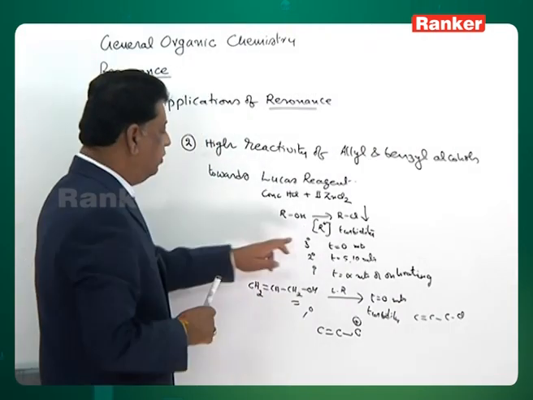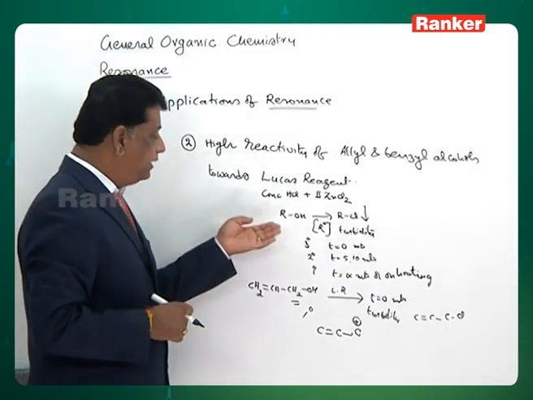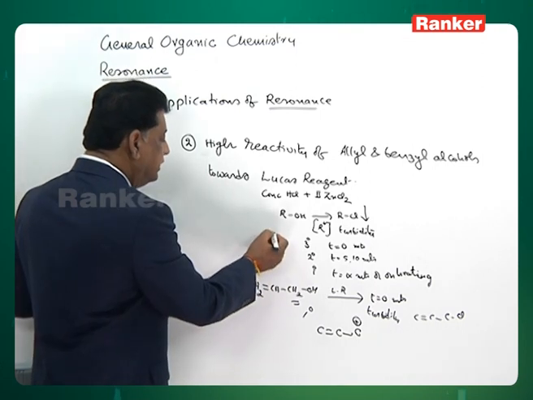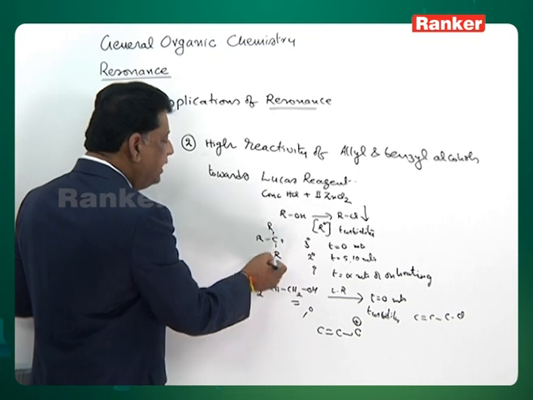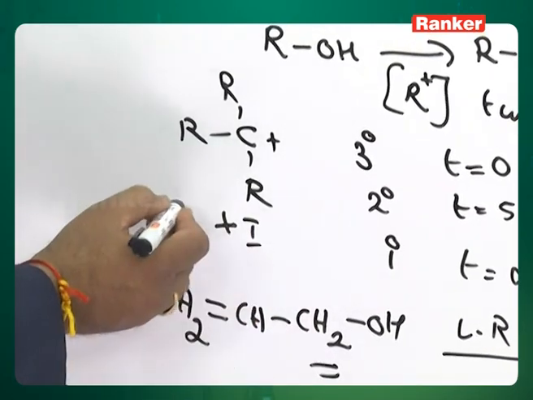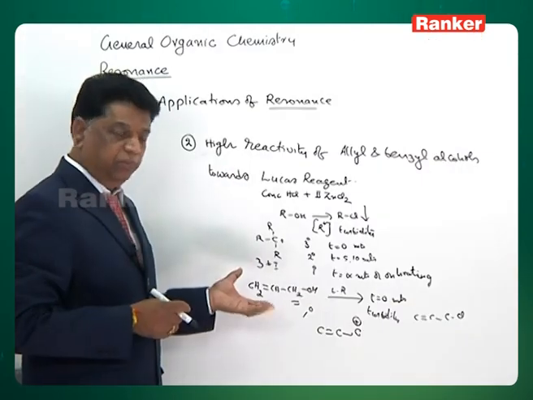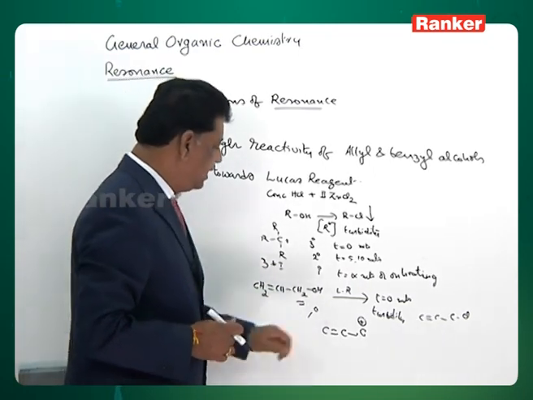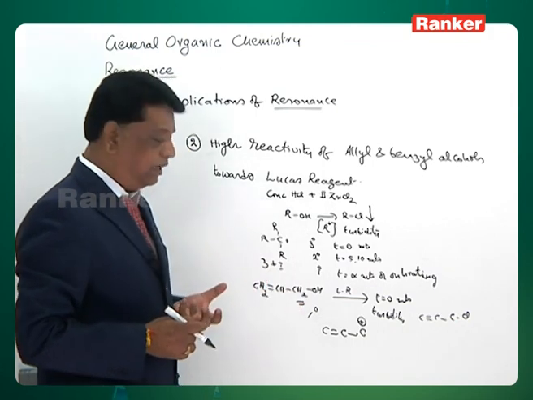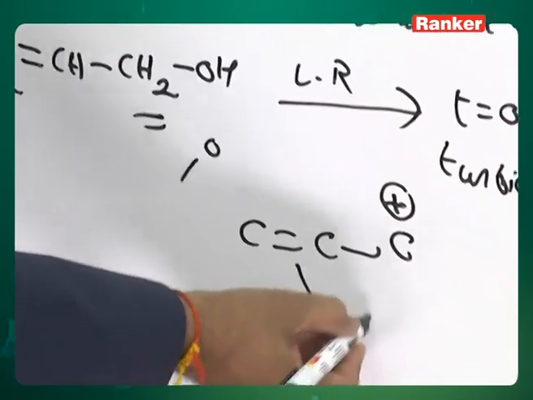In the previous case, tertiary gives fast reaction because the tertiary carbocation is more stable through the inductive effect we have studied; three plus I effects are there. Now here it is not the inductive effect, because with only one alkyl group, how can it show a greater inductive effect? It is showing resonance in fact.